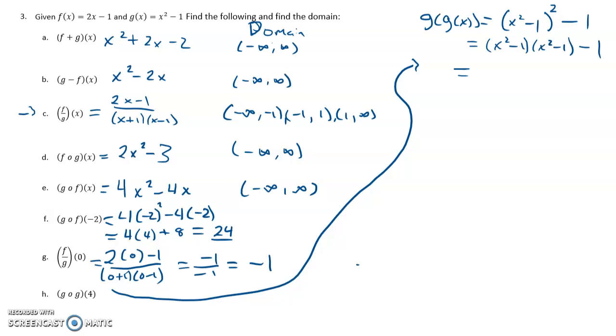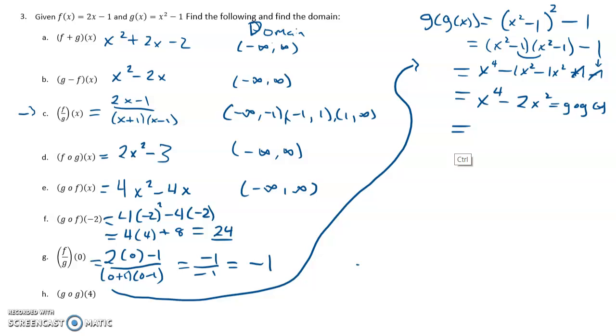X squared times x squared is x to the 4th. X squared times negative 1 is negative 1x squared. Negative 1 times x squared is negative 1x squared. Negative 1 times negative 1 is positive 1, and then don't forget to bring down your minus 1. When we combine our like terms, we get x to the 4th minus 2x squared, and then our 1's are going to cancel. Now, this is the g of x, right?